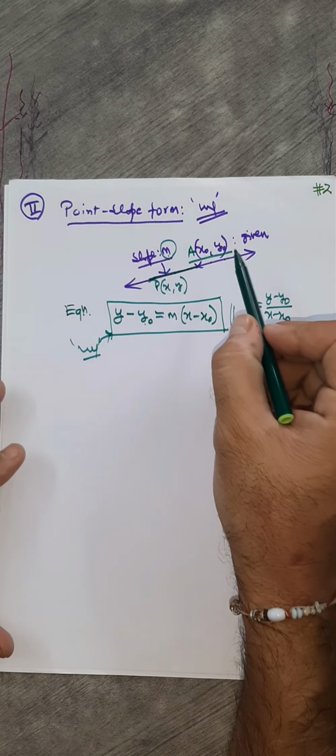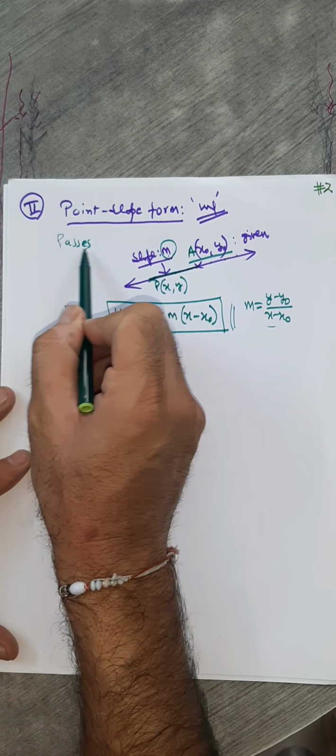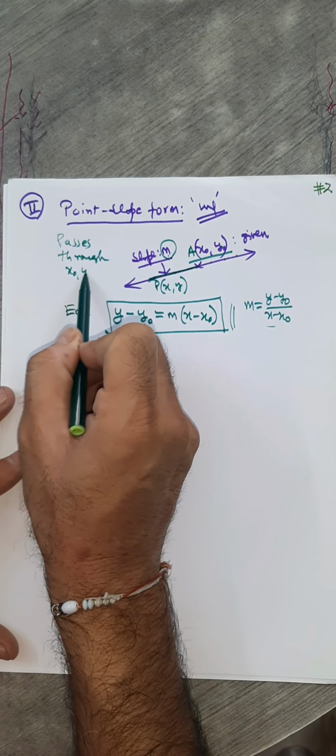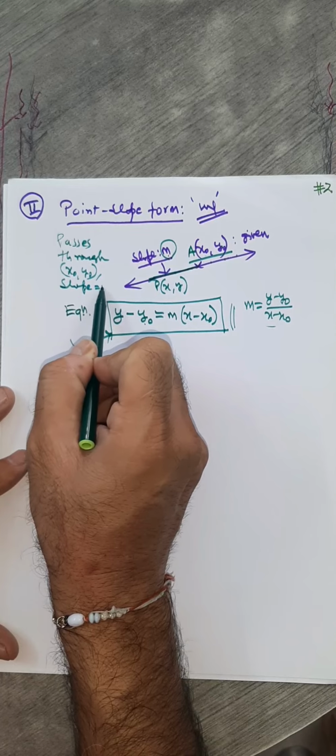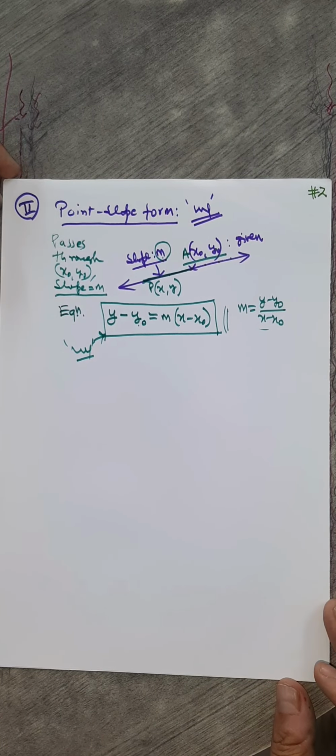A line passing through the given fixed point x0, y0 with slope m. These two things you are given, and the equation of the line is this. I repeat, which form? y minus y0 equals m into x minus x0.